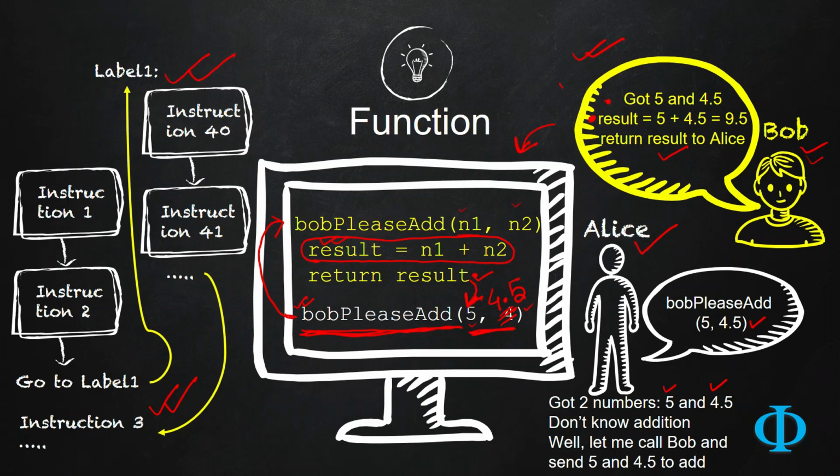Storing the numbers in his brain somewhere means you have to store them in some form of variable in the programming context. That's what n1 and n2 are. And once these numbers are stored, you are adding n1 plus n2, getting the result and returning the result back to the caller part.